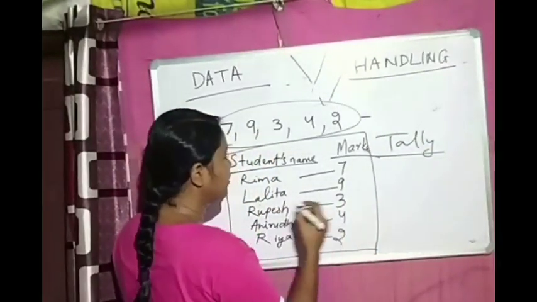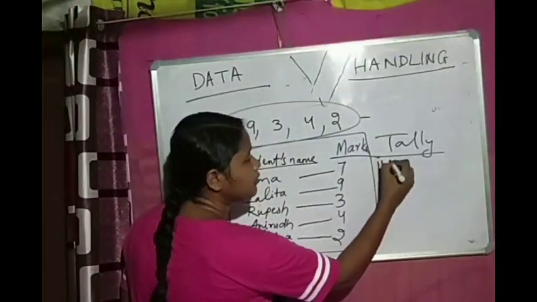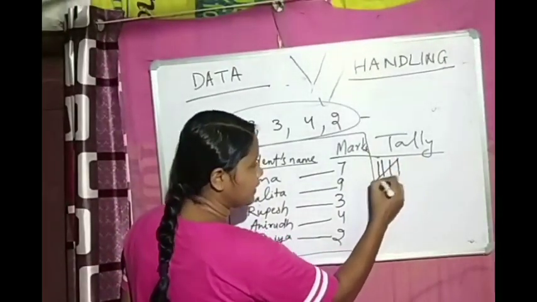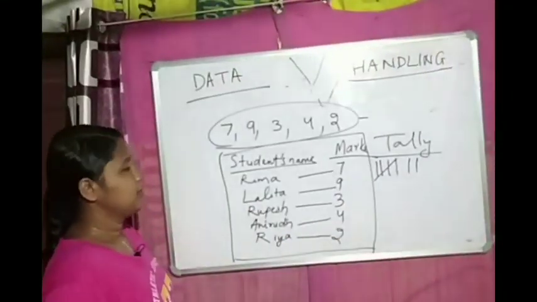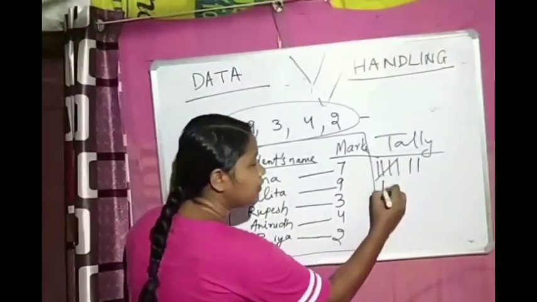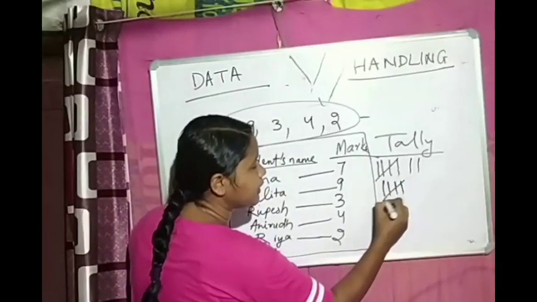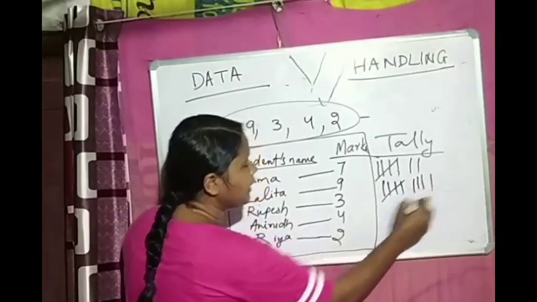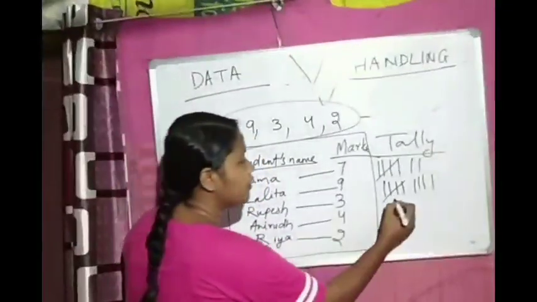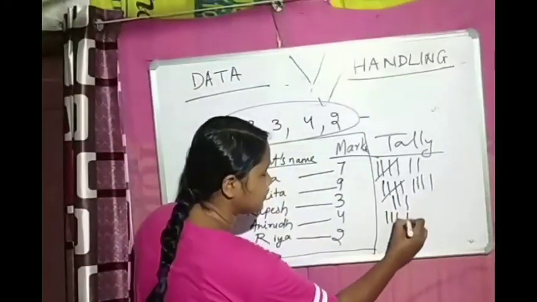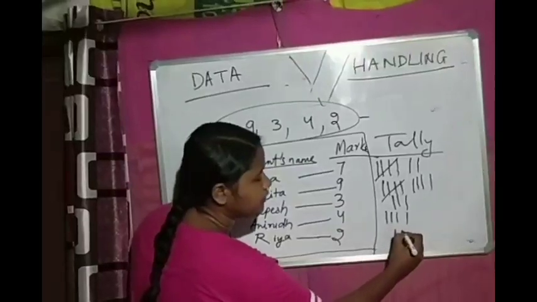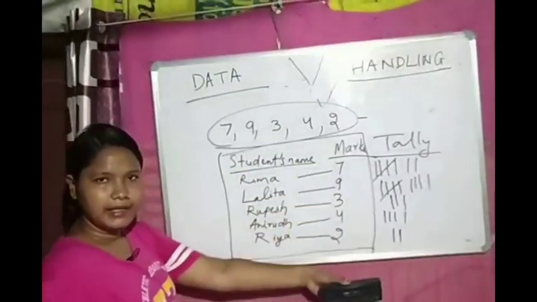We'll see how many of you remember. 1, 2, 3, 4, 5, 6, 7. So Rima got how much? 7 marks. For Lalita, 1, 2, 3, 4, 5, 6, 7, 8, 9. For Rupesh, 1, 2, 3. For Anirudh, 1, 2, 3, 4. For Riya, 1, 2. So this is tally.